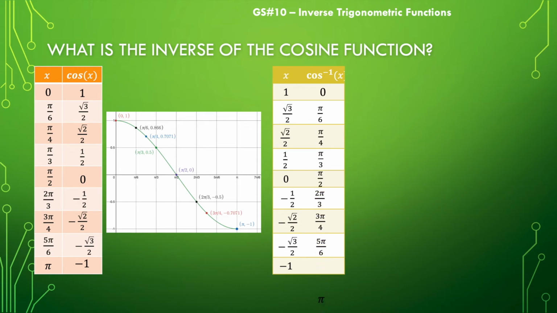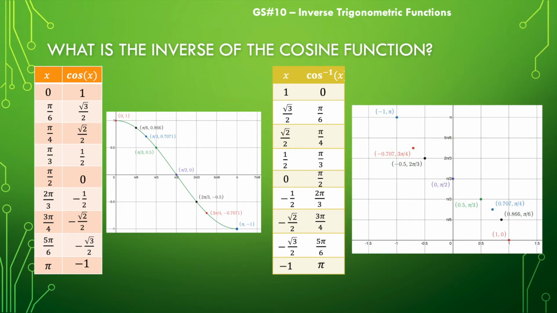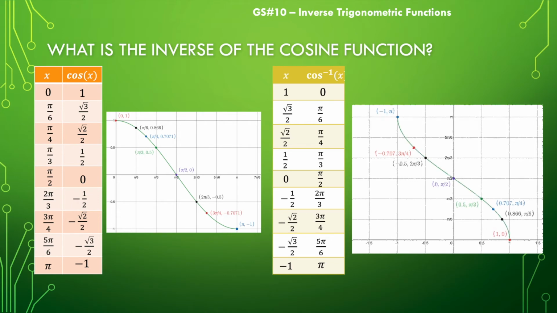with those values. And when we plot this on a coordinate plane, we end up with a curve that looks like this. Notice that it is all above the x-axis because our outputs are all above the x-axis.